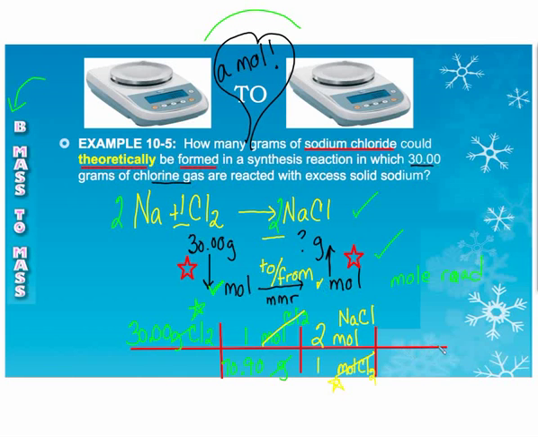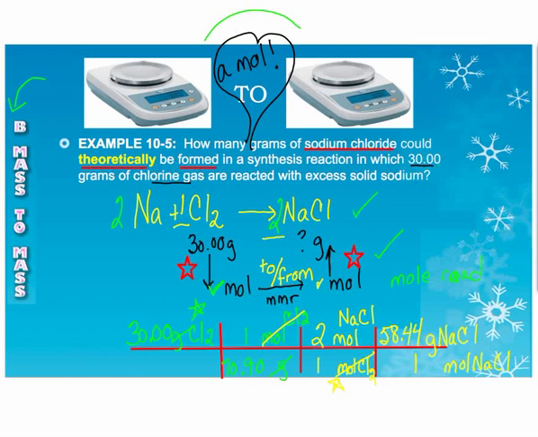Now, I can't stop here. I've just driven down the road, pulled up in front of NaCl's house, and now I've got to pull into the driveway. So I want to eliminate moles of NaCl, and I want grams of NaCl. Moles to mass, use molar mass. A sodium plus a chlorine is 58.44 grams.